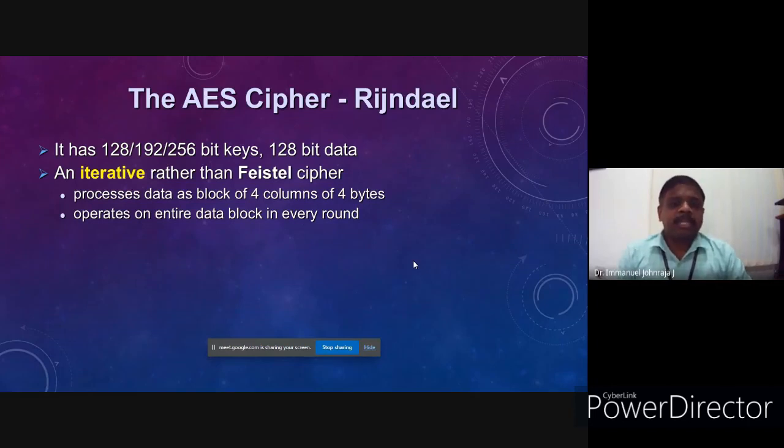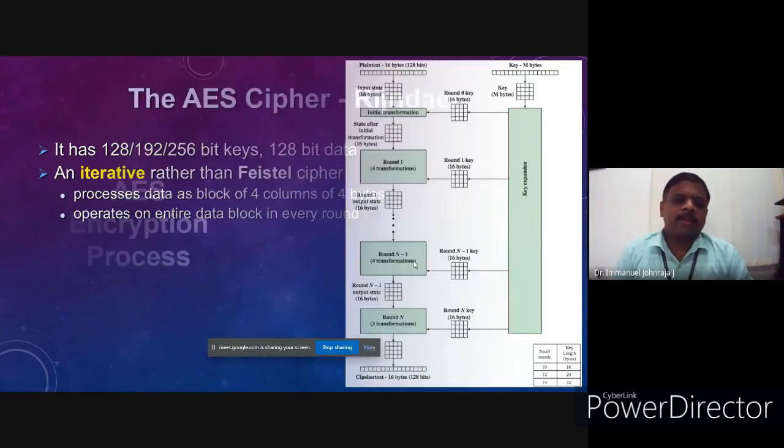But here, it operates on the whole data block in every round. So it is not divided, and it also does not follow the Feistel structure, as we are going to see how it works. Apparently, it looks like a Feistel structure, but not necessarily the Feistel, right?